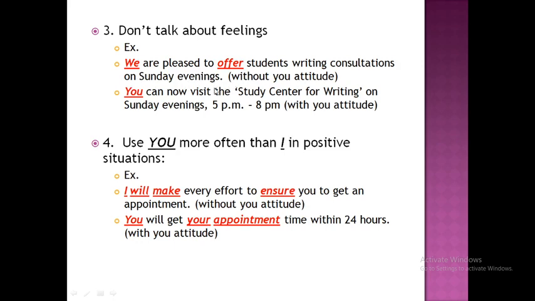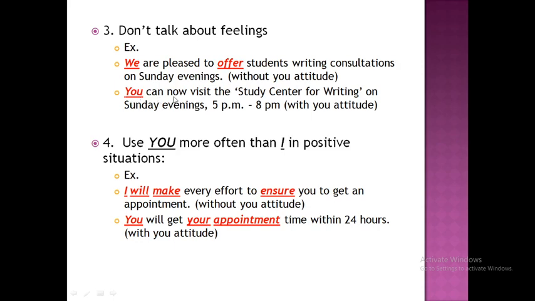Here a sentence is formed without you attitude, where we people are important, more than the person who is reading, and we are responsible to offer something to the student. So here you attitude is not shown, but the same understanding is explained in the second sentence.